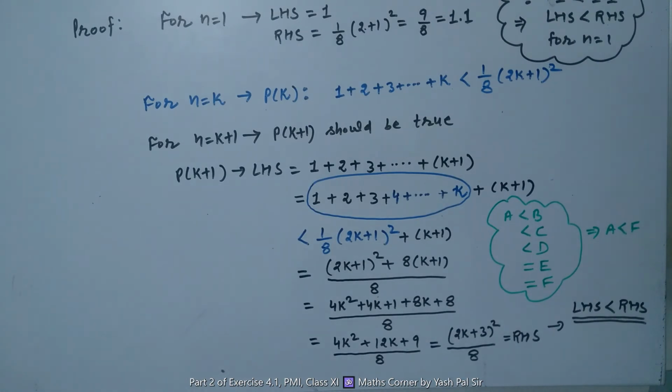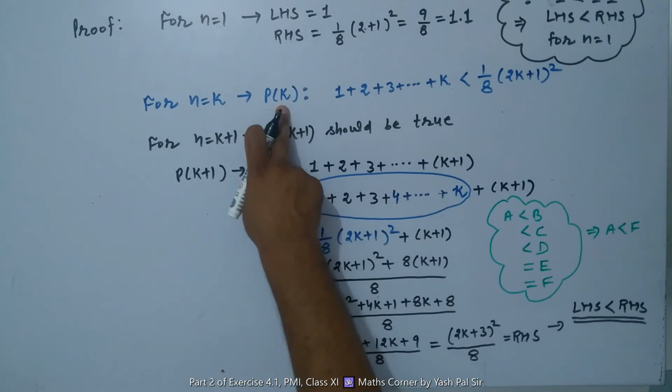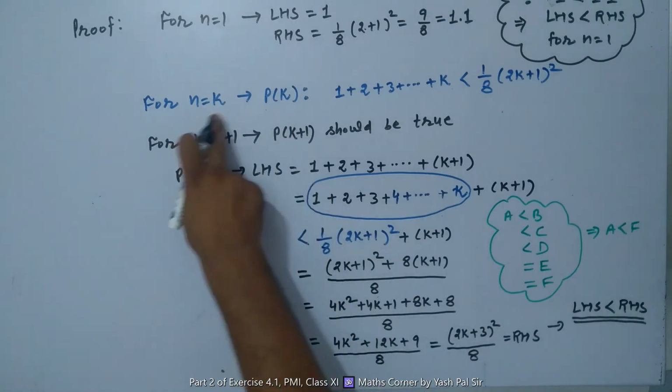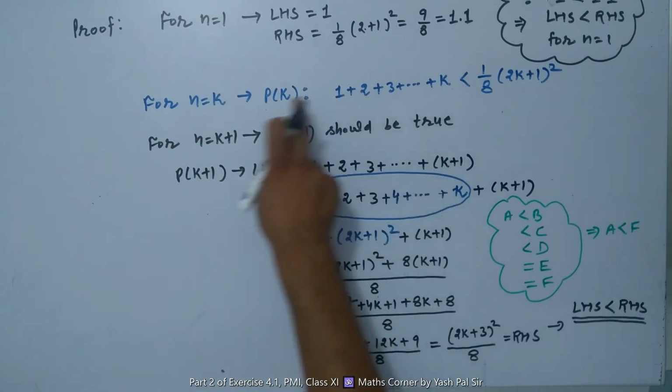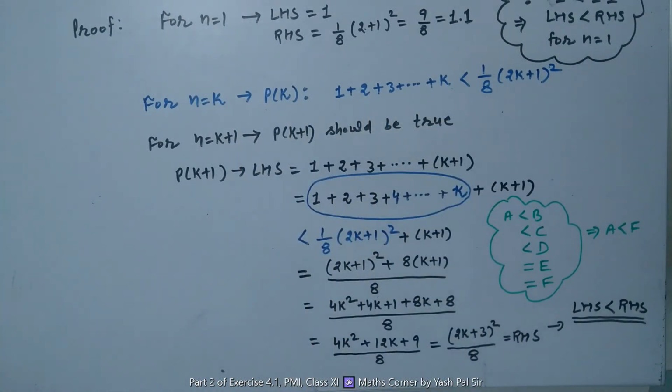This we wanted to prove that left hand side is less than right hand side whenever we are using the statement with n is equal to k, the truth of statement with n is equal to k. So this way our question is complete.